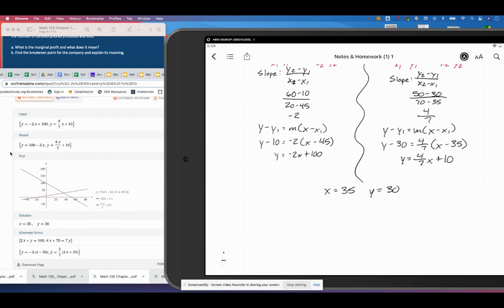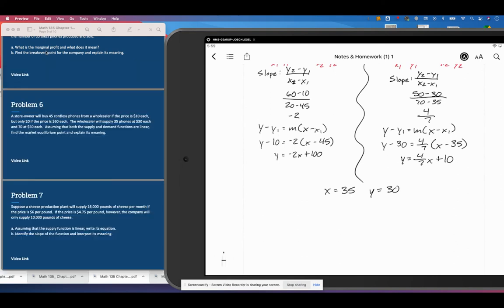So this company should, let's see what our questions here are. Market equilibrium occurs when we produce and sell 35 phones at a price of $30 each.